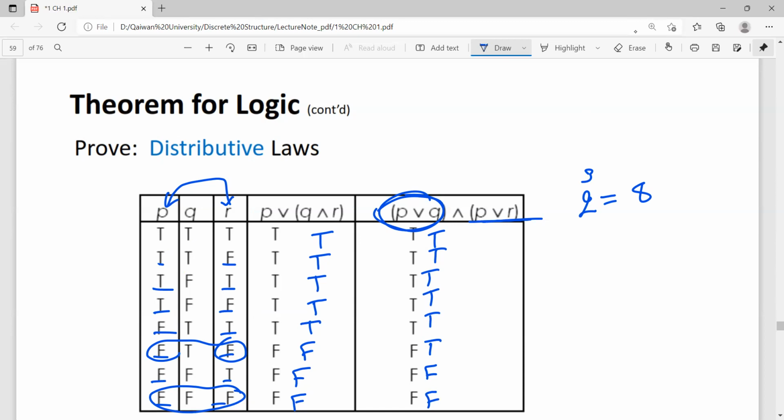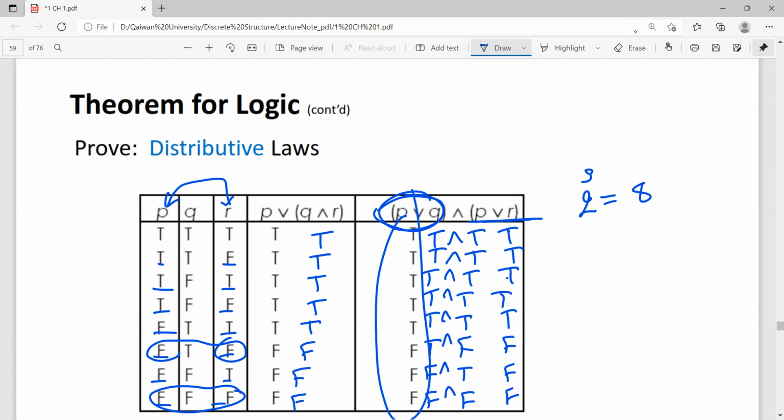For P or R, we get true, true, true, true, true, false, true, false. Now, if you combine these two by AND, what do we get? True and true is true, true, true, true, then false, false, false. As you see, we got the same as what was done there. So it's easier to do it step by step. Do it step by step, and you will not make mistakes.